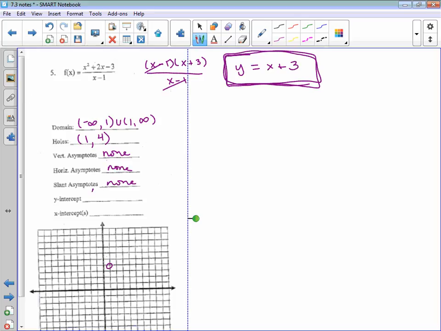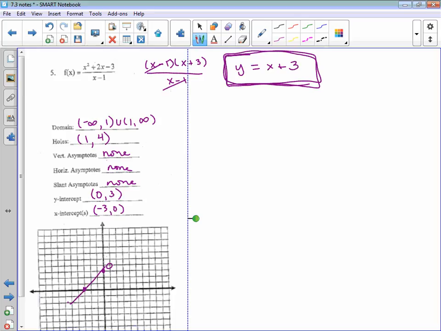What's your y-intercept? 0, 3. And what is your x-intercept? X equals -3. Yes. So, I can plot those. And guys, just draw it.